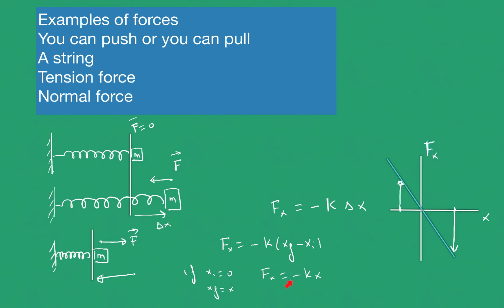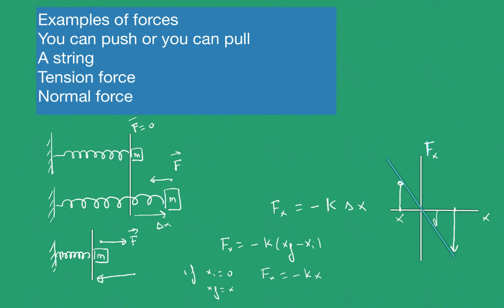So when x is positive, so you are in this part, the force will be negative. And when x is negative, like here, the force is positive. This kind of force is a central force, always going to the center.